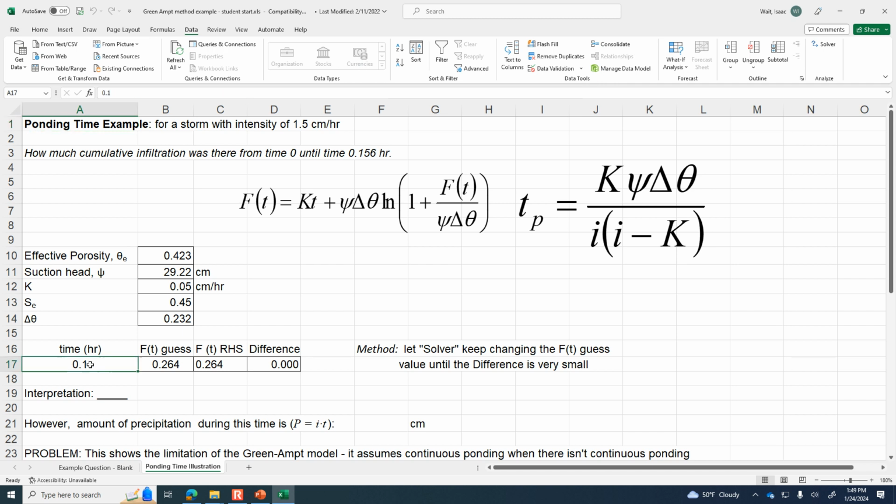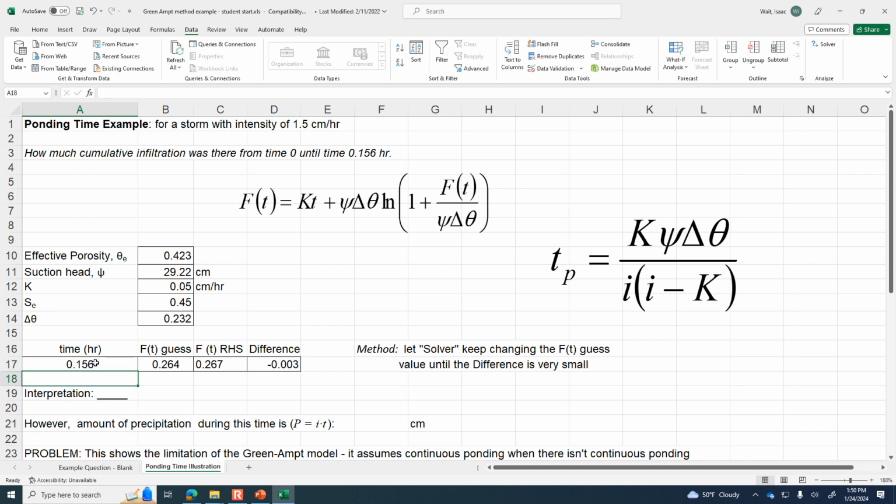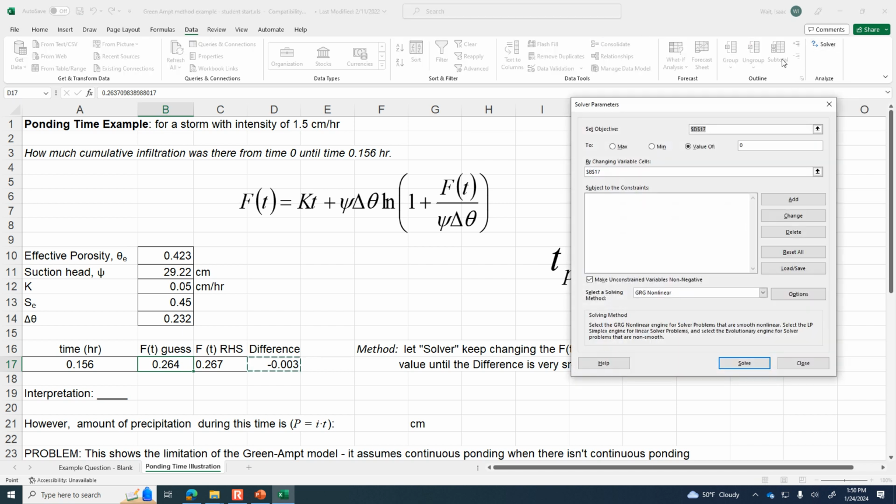And so what we'll see is we can pick a time, like if we know from this equation that the time to ponding is 0.156 hours, assuming continuous ponding, then we could find out like what is the infiltration depth that intersects with that.